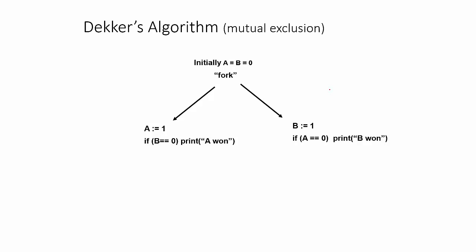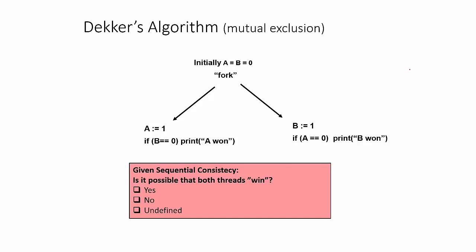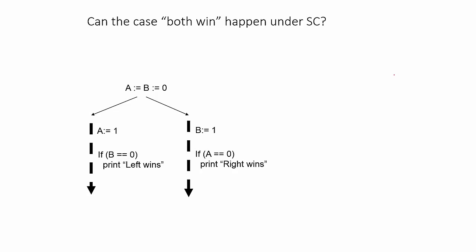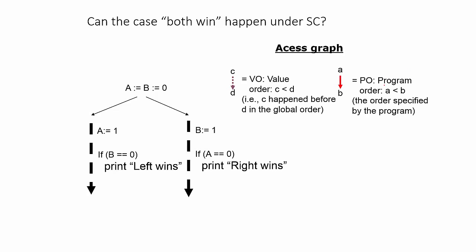Dekker's algorithm will also work, and we'll prove it right here. So the question is, can the case both win happen under sequential consistency? Let's make an access graph, and we'll use two kinds of orders here.